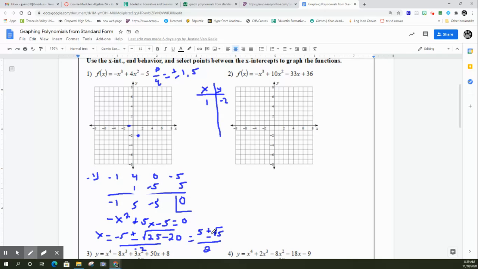At this point, this is real. They're irrational. I'm going to want to change rad 5 into a decimal. If you type in rad 5, it's 2 point something. Then you're going to go 5 plus 2 point something.